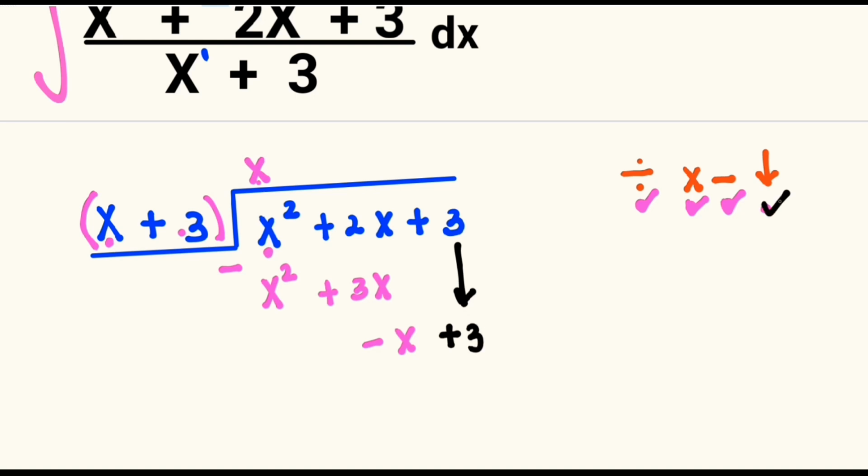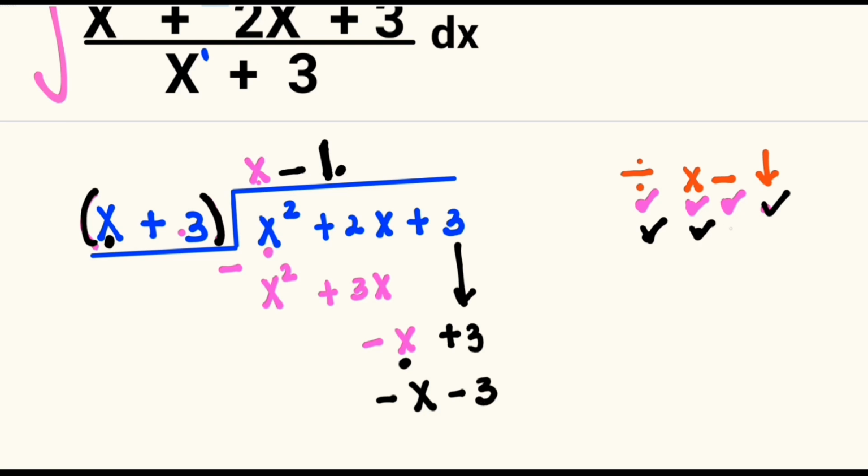We drop down, we start again with the circle. We start by dividing. The negative x divided by that x will be equal to negative 1. We divided, now we have to multiply. This negative 1 multiplied by the x plus 3. The negative 1 multiplied by that x will be equal to negative x. The negative 1 multiplied by the positive 3 will be equal to negative 3.